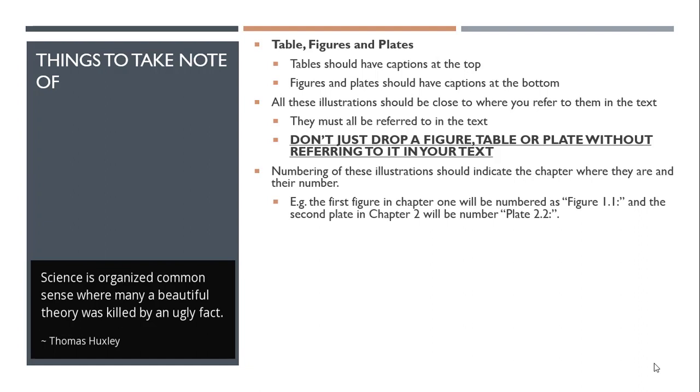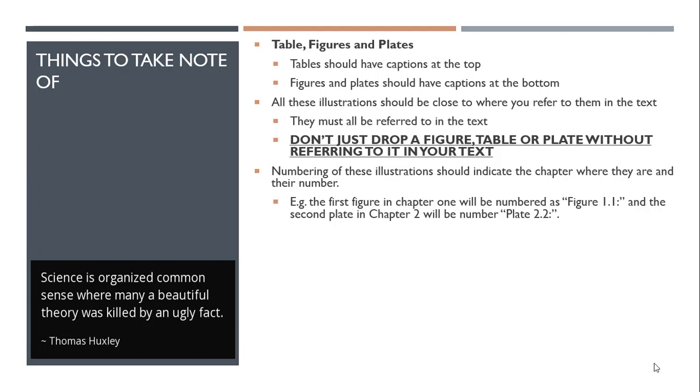Then when you are numbering them, the rule of thumb is the first table in chapter 1 will be table 1.1. The second figure in chapter 2 will be figure 2.2. And the first table in chapter 3 will be table 3.1, and so on.